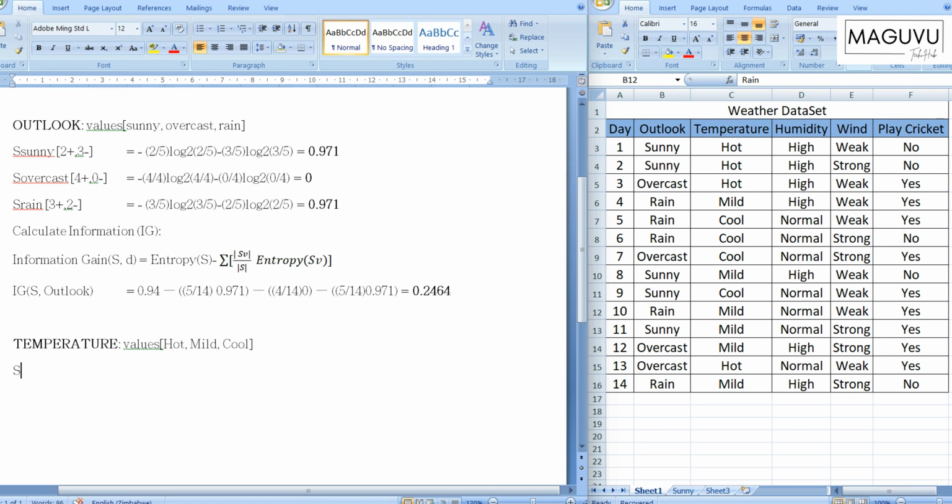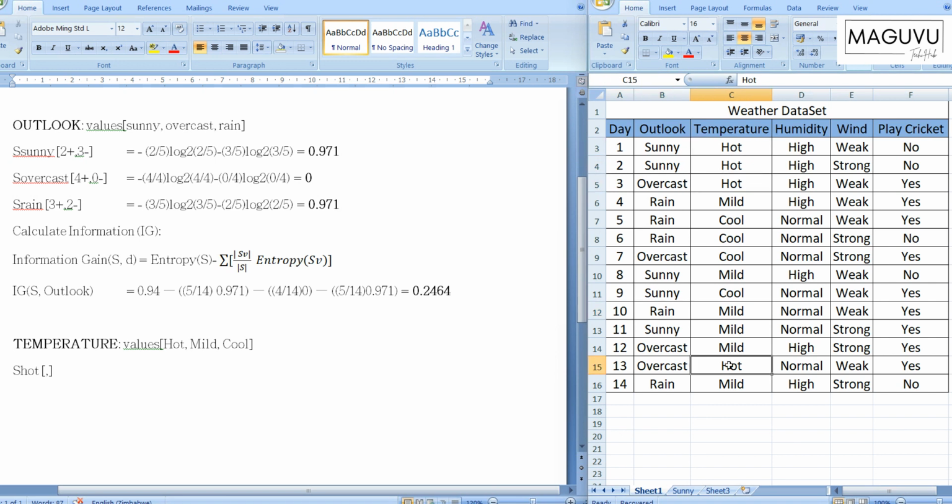So we go ahead and say S hot, which is the whole data set at hot, and then we want to consider the proportion of hot. If we're going to look at hot, we have got hot 1, 2, 3, and 4.